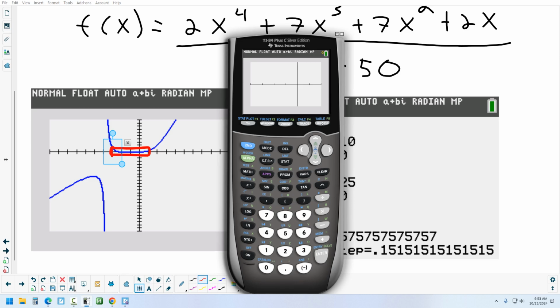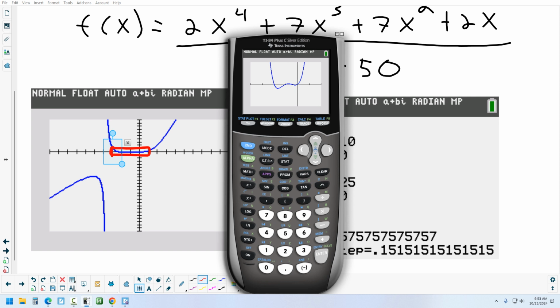But watch what happens when you keep zooming in on that red box. What originally looked very flat, now we can see wasn't flat at all. Those are not very big ups and downs. They're extremely small. But the more you zoom in, it's like you're looking at it with a microscope now. The ups and downs look a lot bigger.